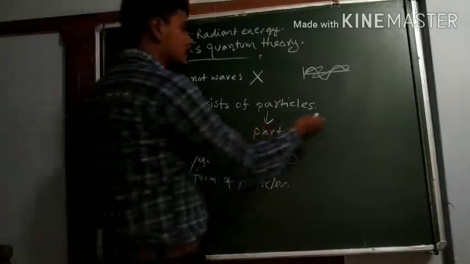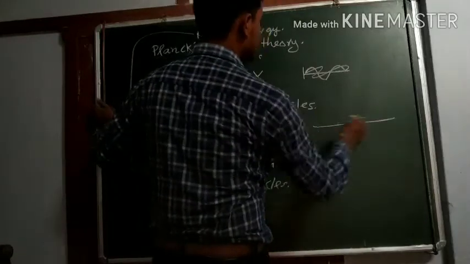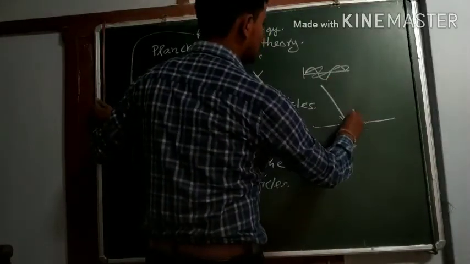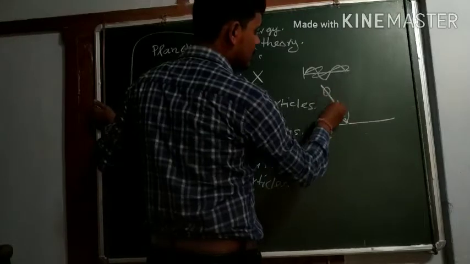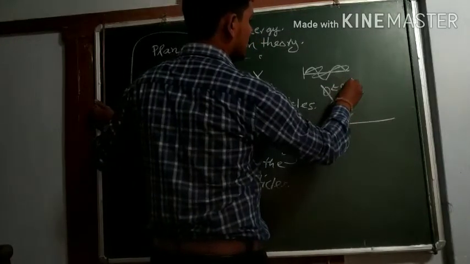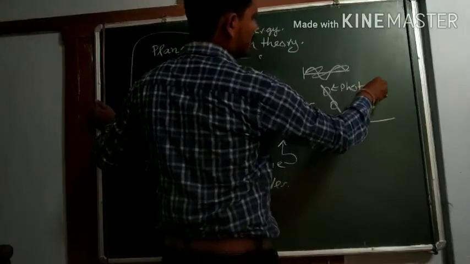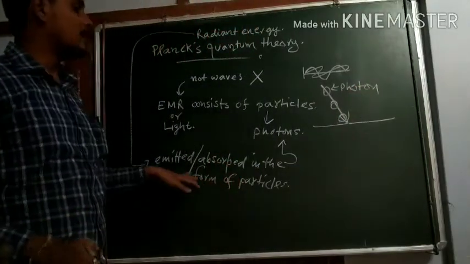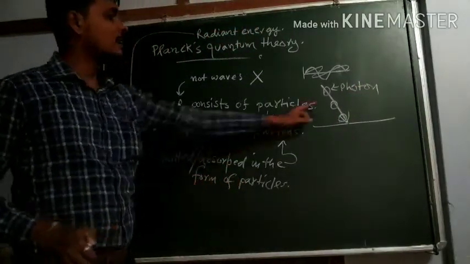Okay, so light comes to a surface like this, that means particles are coming, light as photons. So this is a photon. Light is composed of particles called photons.